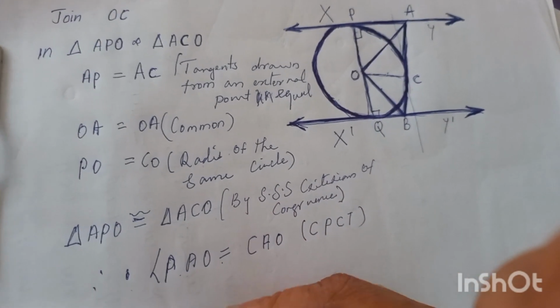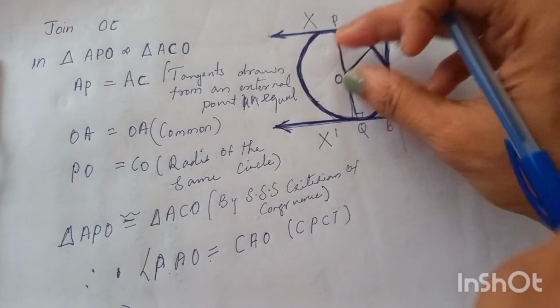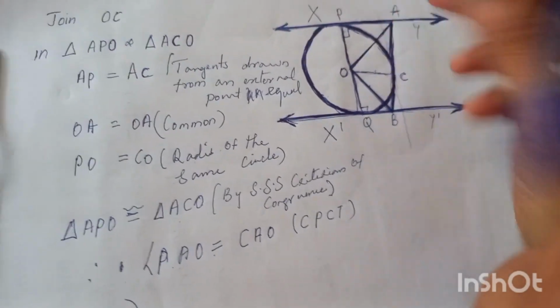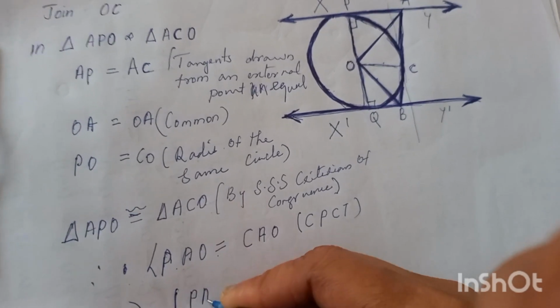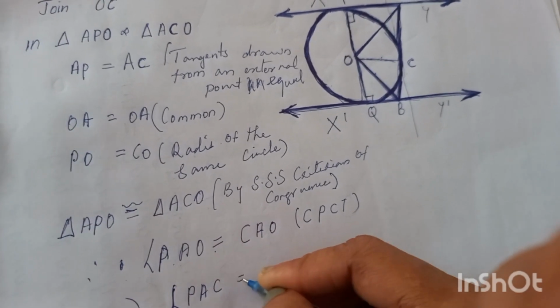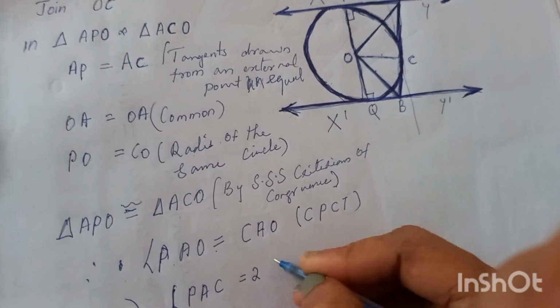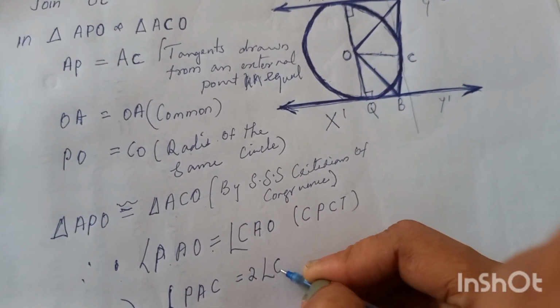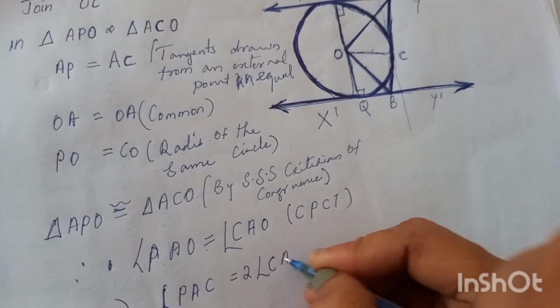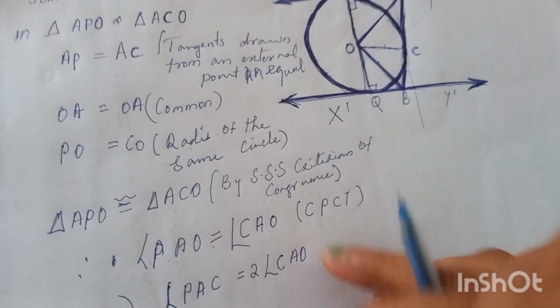We can write this: if you add these two angles, we get PAC. Angle PAC is equal to 2 times angle CAO.